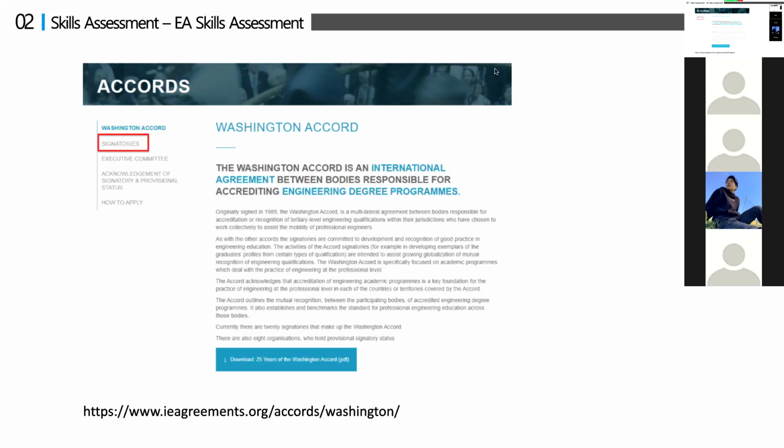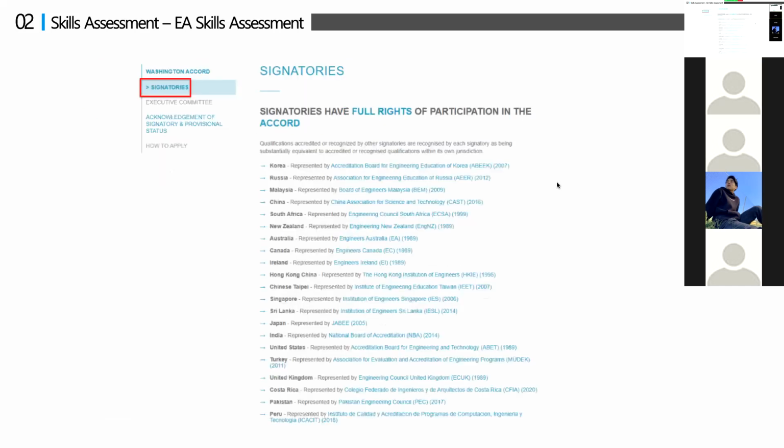Maybe let's move to the next slide. Yeah, then you can see each country, and if you click a certain country link, you can find the university, college, and course information in that country.